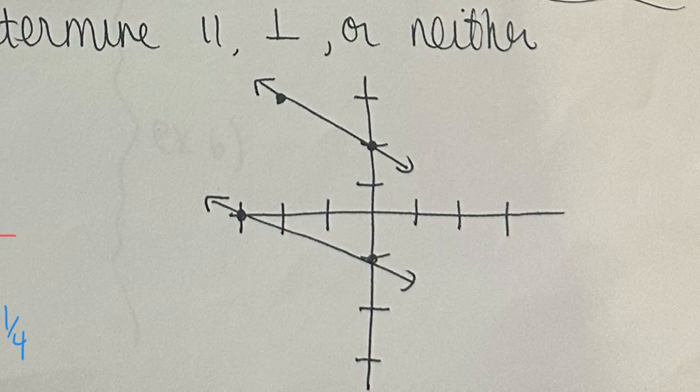Okay, these look parallel. Let's double check because we're not just going to use our eyeballs. That's never a good method. So I'm going to go red and blue. Red, I'm going to rise and run. Blue, I'm going to rise and run.